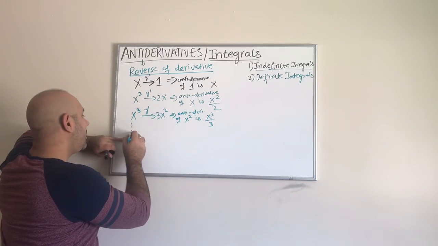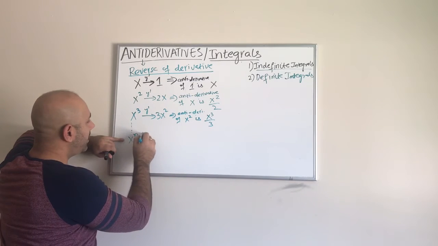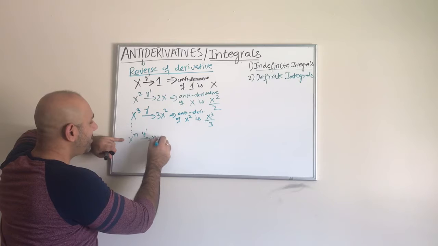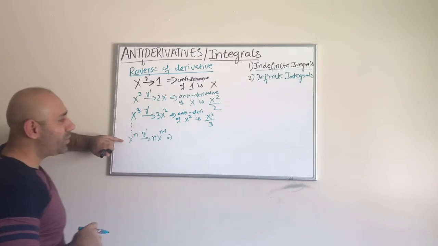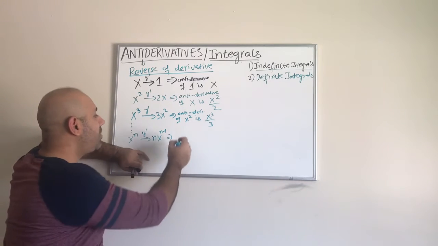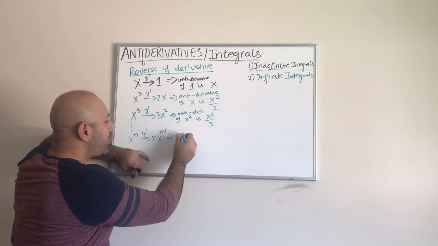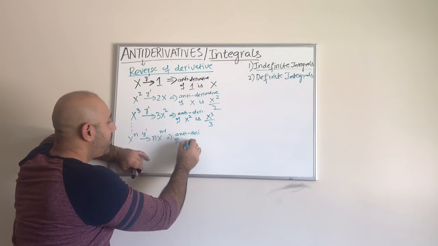Then we know the power rule for the derivatives for x to the power n: the derivative is nx to the power n minus 1. Now from here we want to write the power rule for the indefinite integrals, which is, what is the antiderivative of x to the power n?